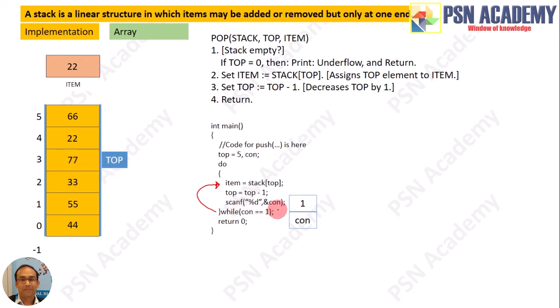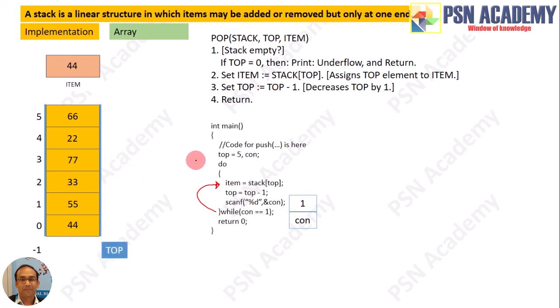So go for the con variable and you provide 1 over there and it will get back again, and the stack top will be 77, which will be stored inside the item variable, and the top will be decremented by 1. So the same loop goes as long as you provide 1 inside the con variable.